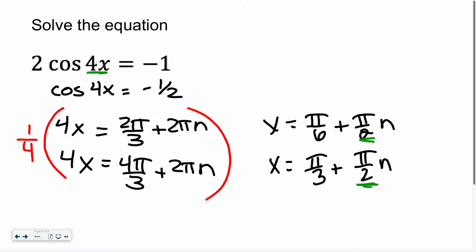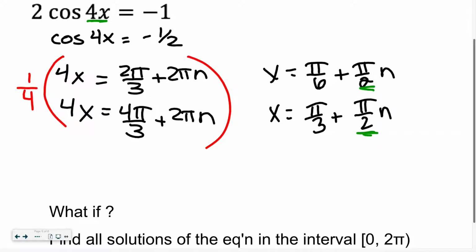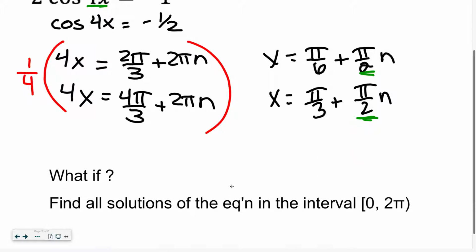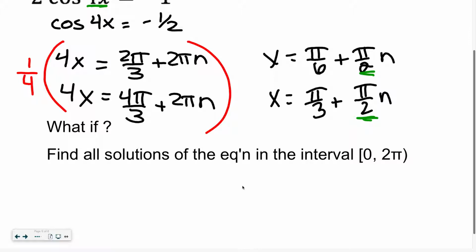Okay. Now, before we wrap this up, I have one final thing to say, which can be a little bit confusing. So I'll make sure you're listening. If I change my directions on this problem, you have to be really careful anytime there's a different b value, anytime your period would be cut short.